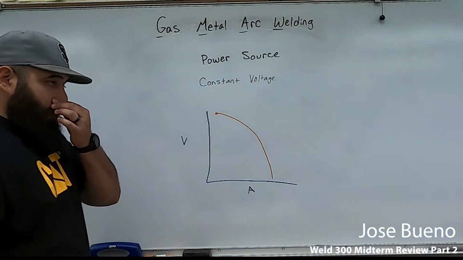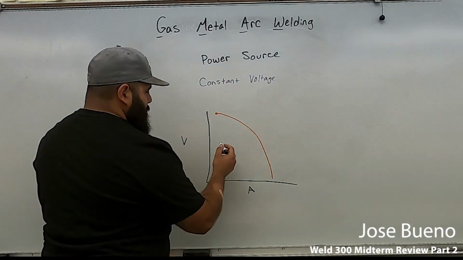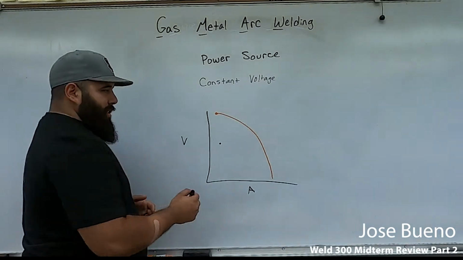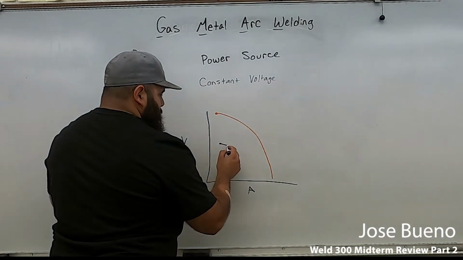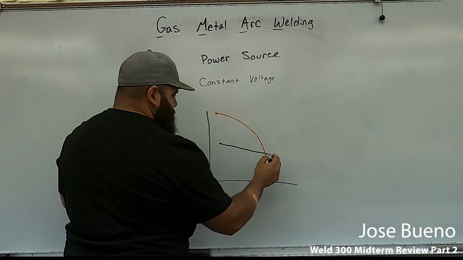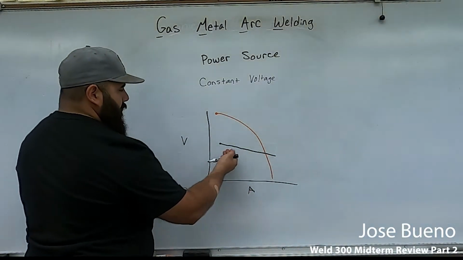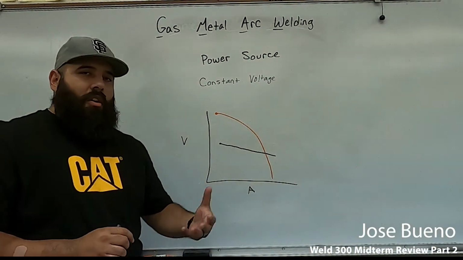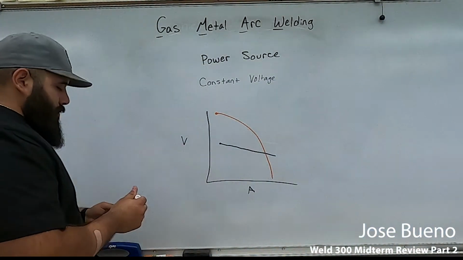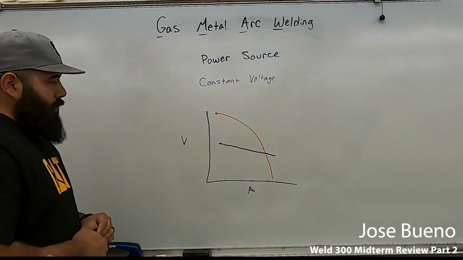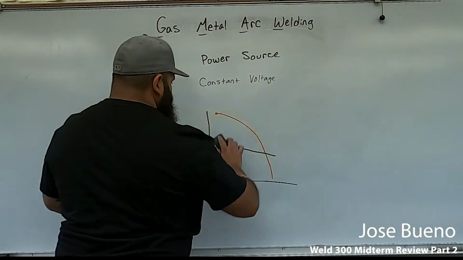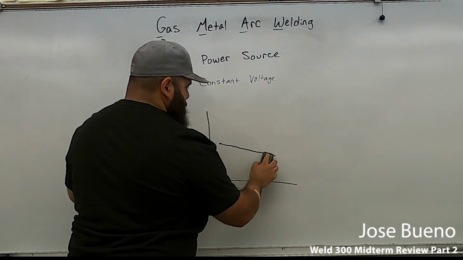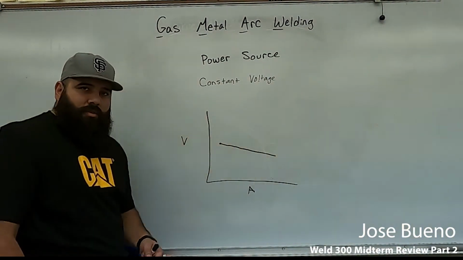With GMAW, it's a little different. While we do still start with somewhat of a high open circuit voltage, it still drops, but not as much. There's still more of a constant flow of voltage in order to regulate the arc length. So just remember, with GMAW, we are using a constant voltage power source.